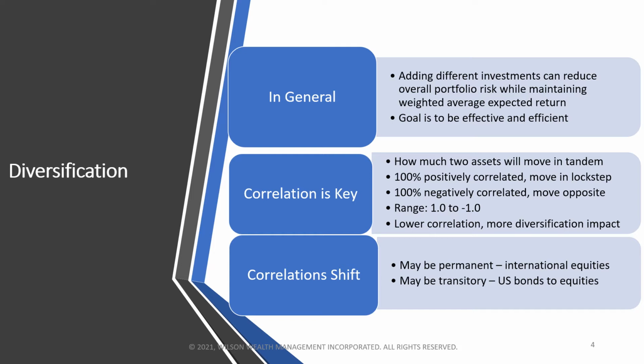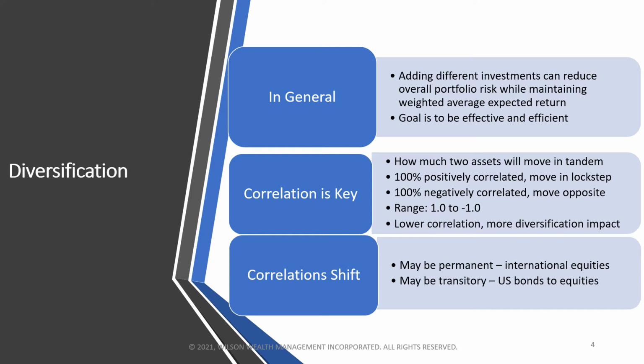Even today, we see that 10-year US bonds are about negative 0.32. Fantastic diversification. But the core aggregate bonds are 0.05. Positive. Close to zero, so excellent diversification.